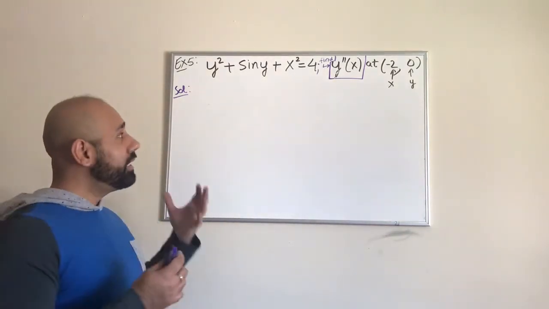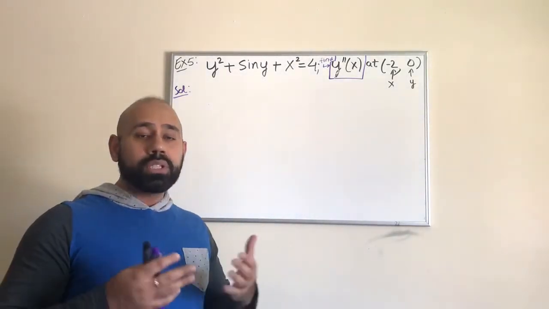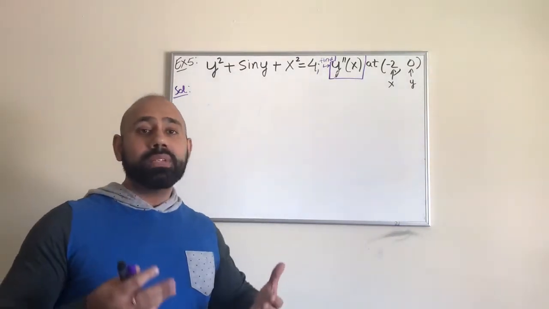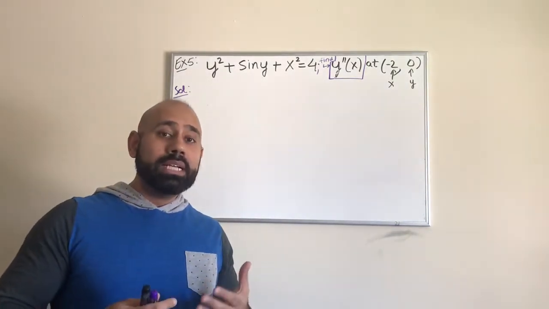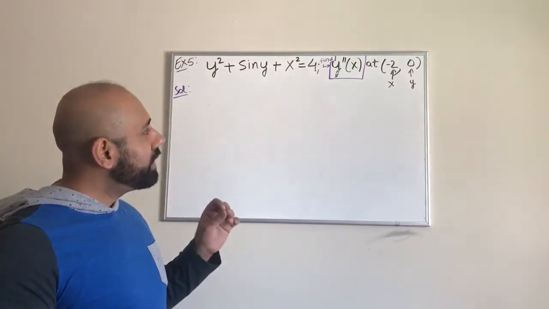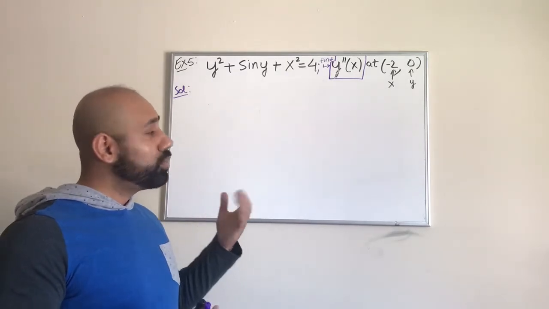But keep in mind, we are not just trying to find the first derivative of y. We want to find y double prime of x, which means we want to evaluate the second derivative of the variable y. And then we have the given point for which x is -2 and y is 0.